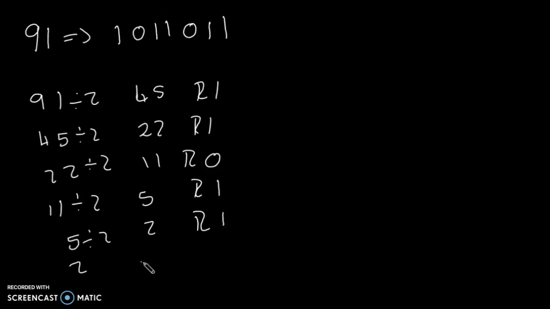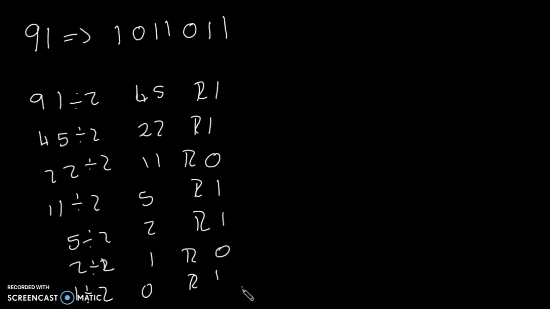Take the 2, divided by 2, we get 1 remainder 0. Then we have 1, 1 divided by 2, we are going to have 0.5, meaning it's 0 remainder 1.